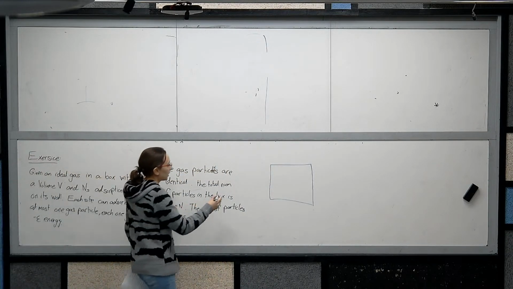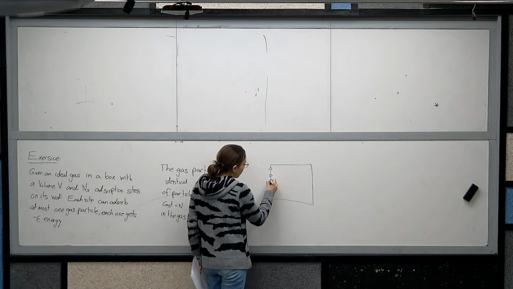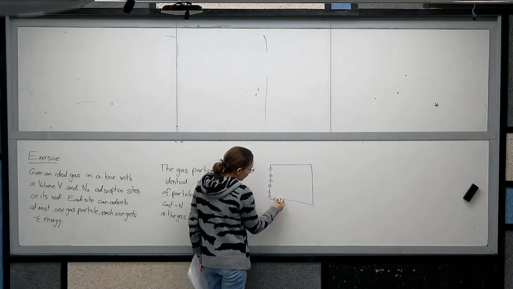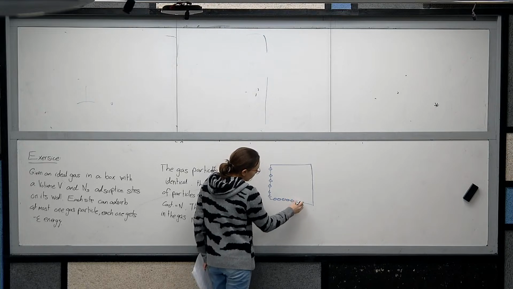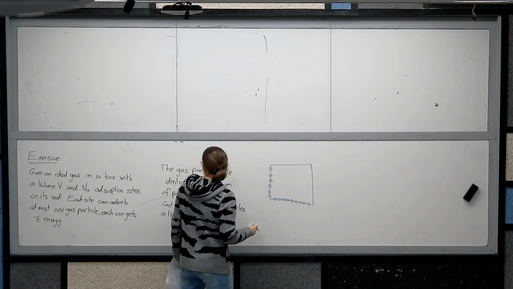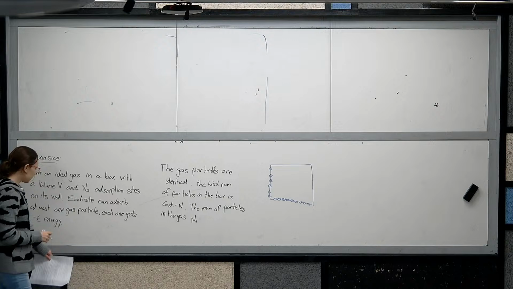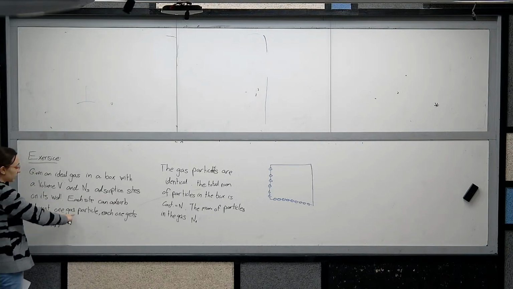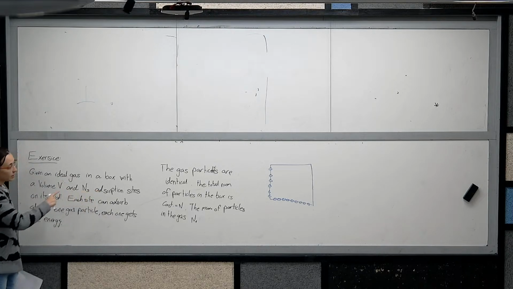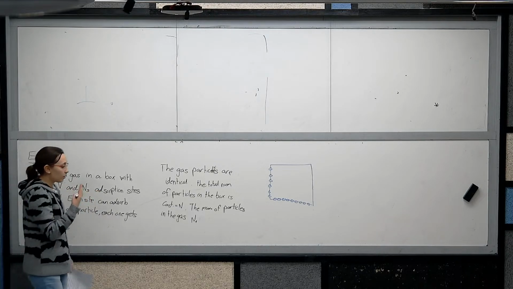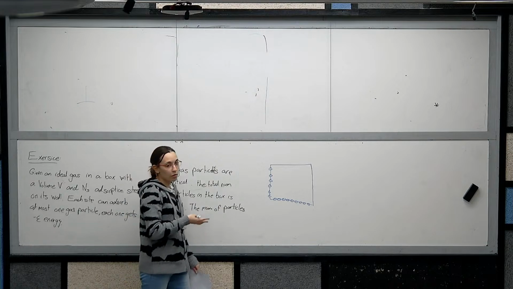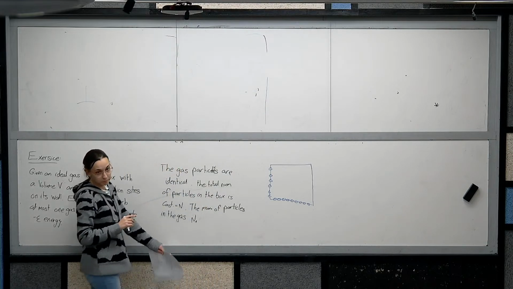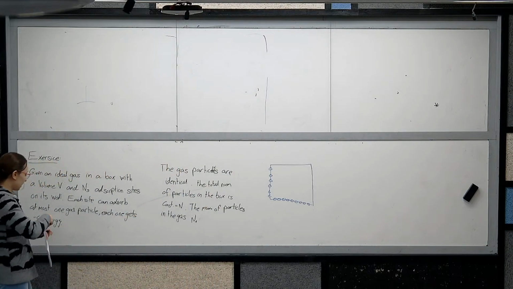So we have adsorption sites on the walls of the box, where each site can have 0 particles or 1 gas particle. So at most it can absorb 1 particle, so each site can have 0 particles or 1 particle. Okay, great.